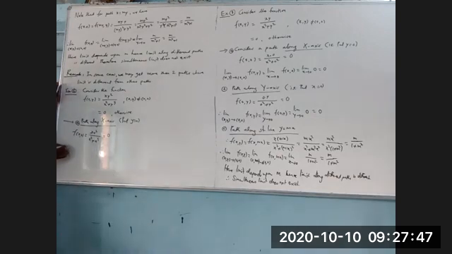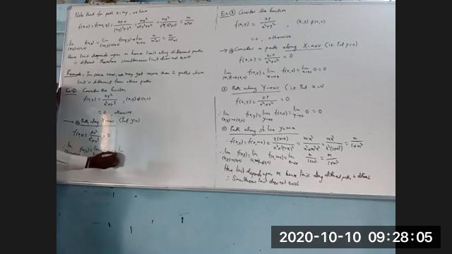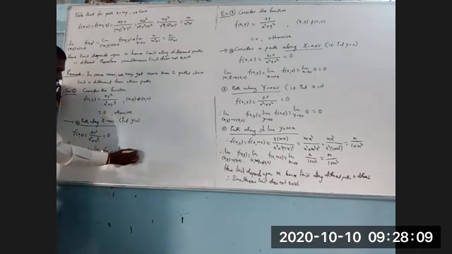And therefore, the limit as (x, y) tends to (0, 0) of f(x, y) is nothing but the limit as x tends to 0 of f(x, 0), and in this case, the limit as x tends to 0 of 0 is 0.